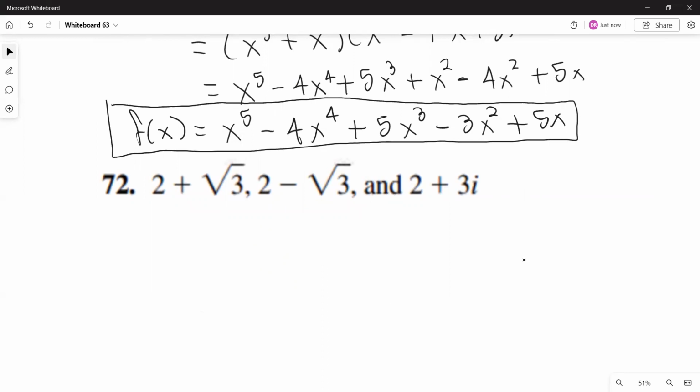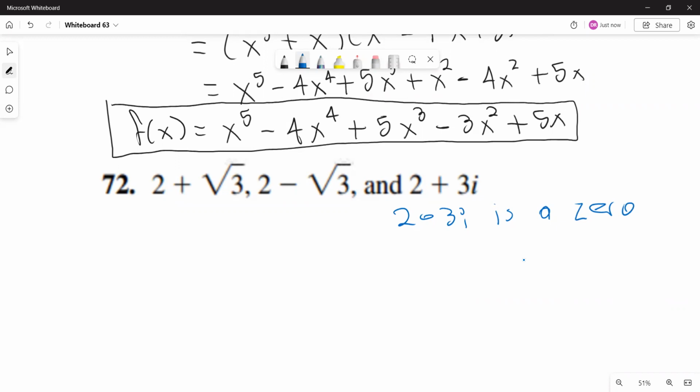Okay, so 2 plus square root of 3 and 2 minus square root of 3 are zeros, and 2 plus 3i is a zero. This means that 2 minus 3i is also a zero because complex zeros appear in conjugate pairs.